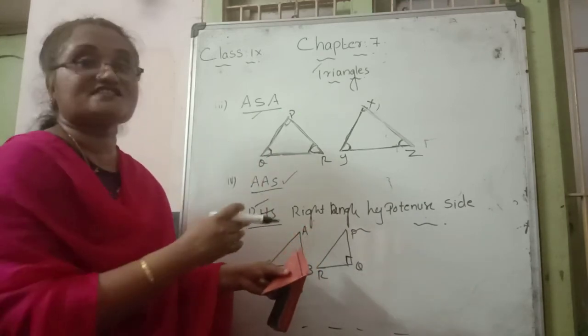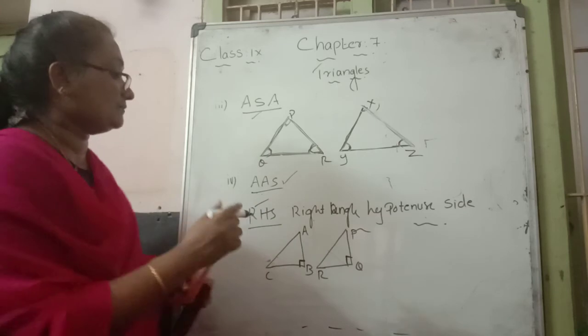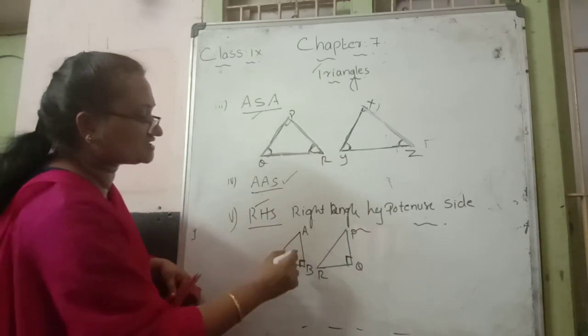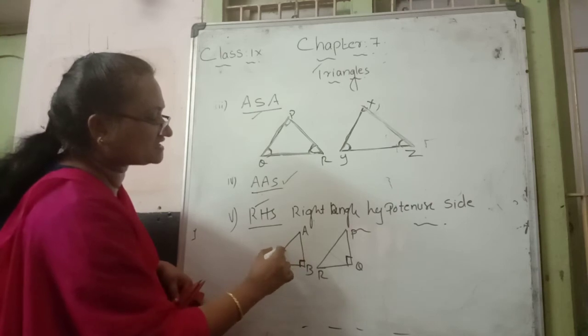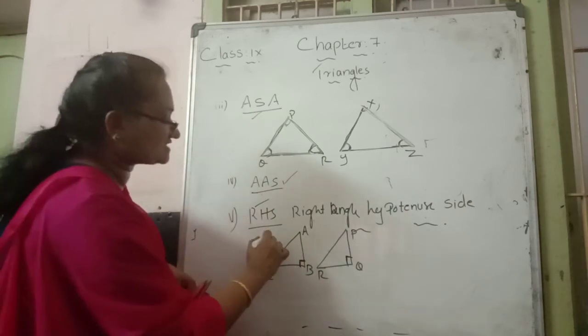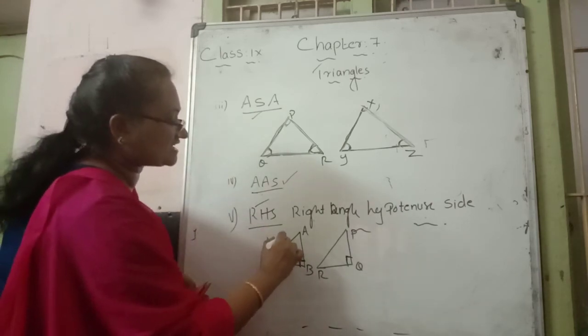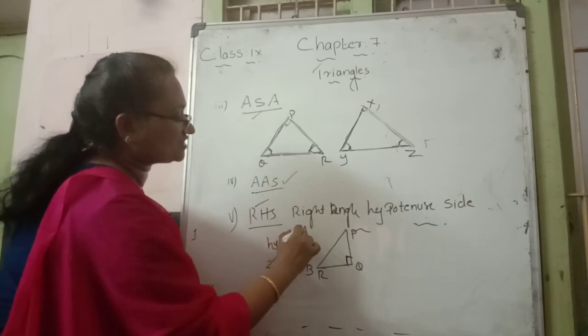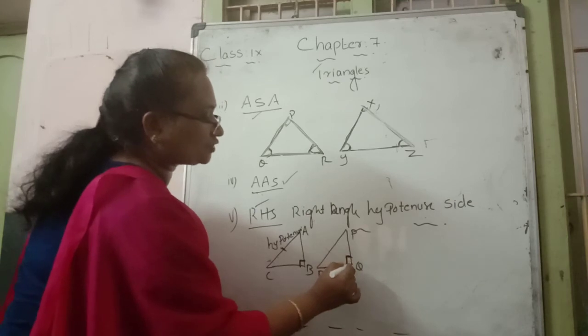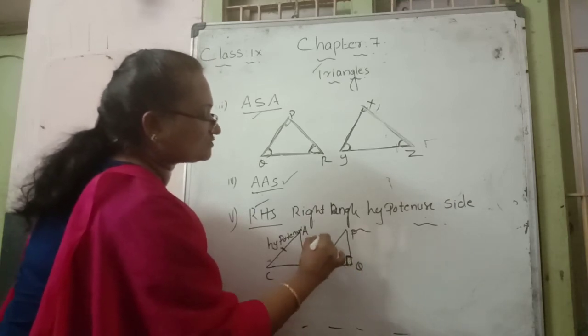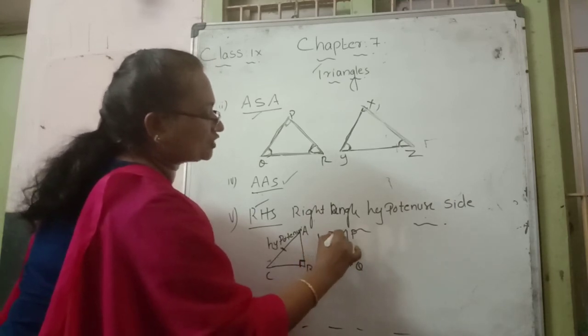And hypotenuse means the longest side; we call it the hypotenuse. Which is the longest side of this triangle? The side opposite the 90 degrees is the longest side. That means AC is the hypotenuse of the first triangle, with respect to 90 degrees. In the second triangle, Q's opposite side, PR, is the hypotenuse.